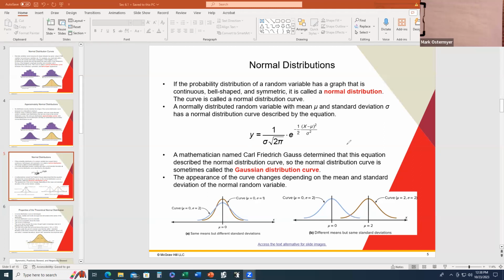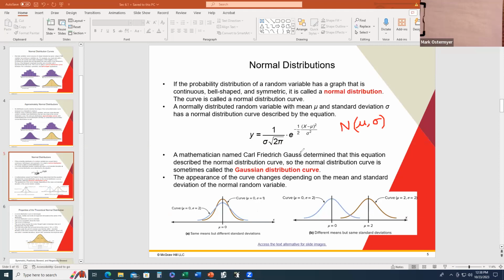So for that reason, when we're talking about a normal distribution, we normally say a distribution is normally distributed. We use the letter N for the word normal, with a mean of mu and a standard deviation of lowercase sigma. Together, these two parameters basically determine the shape and location of the normal distribution bell-shaped curve in the xy plane.